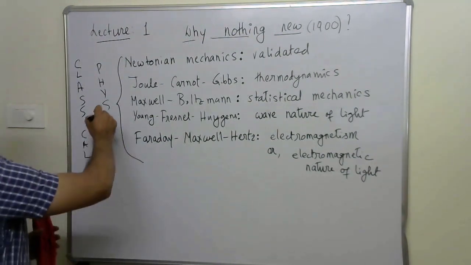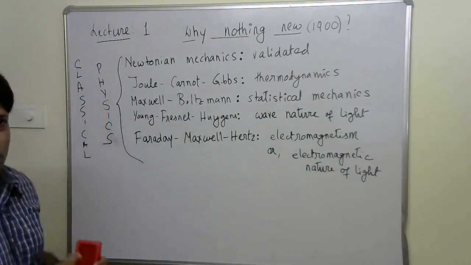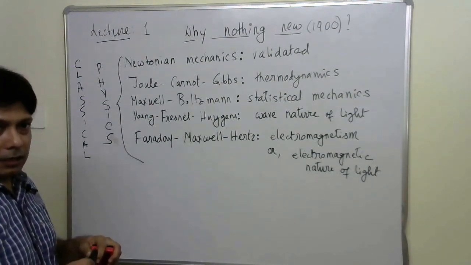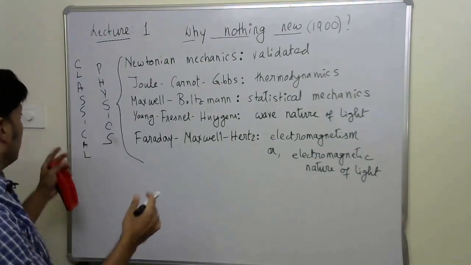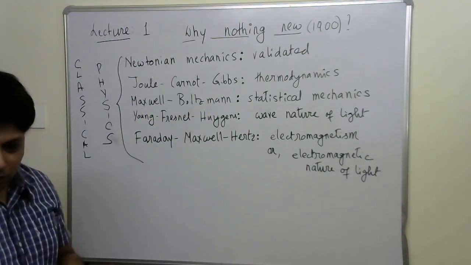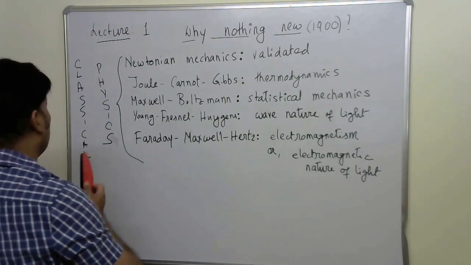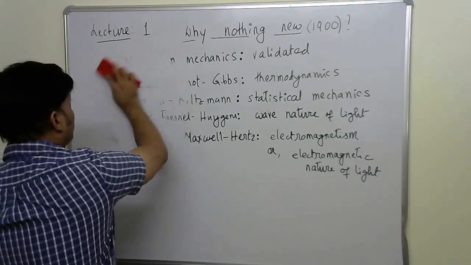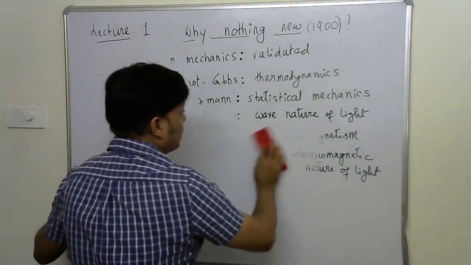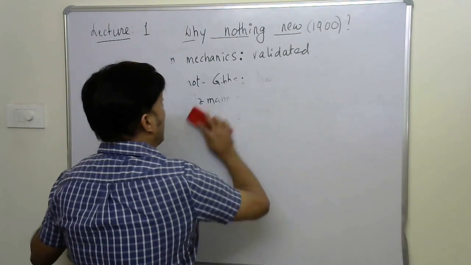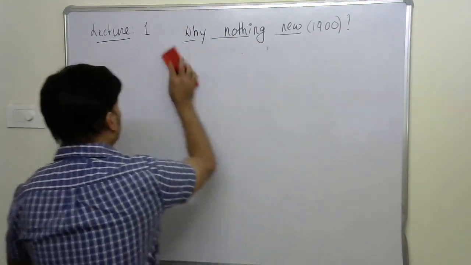Okay, so now we will take a look chronologically at what was the problem with this sort of classical physics. As I have already told you, during the era of 1900 to 1930, physics underwent a massive revolution.